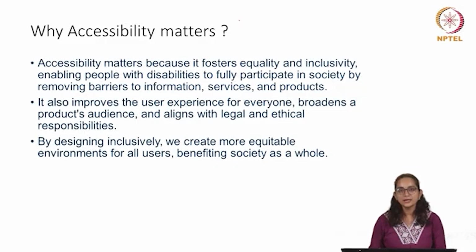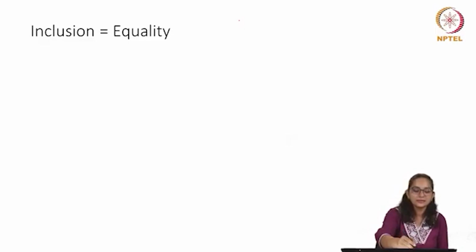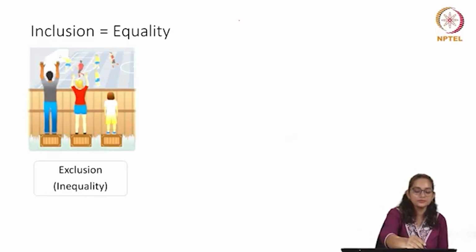So in this regard, I had shown a very interesting image earlier in the first lecture. I would like to revisit it, since we are discussing how inclusion and accessibility can foster equality. In this image, I'm sure you can see that there are different kinds of people who would like to access the football match.